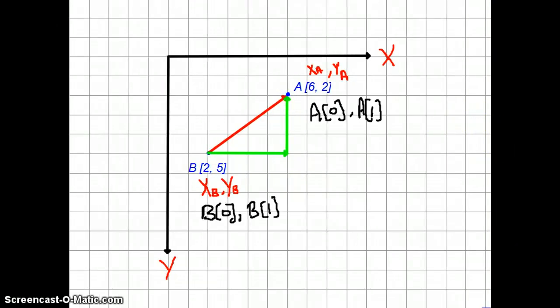So you can notice that the head of the first vector is the same point as the tail of the second vector. Let me name this point C so we can make calculations easy.